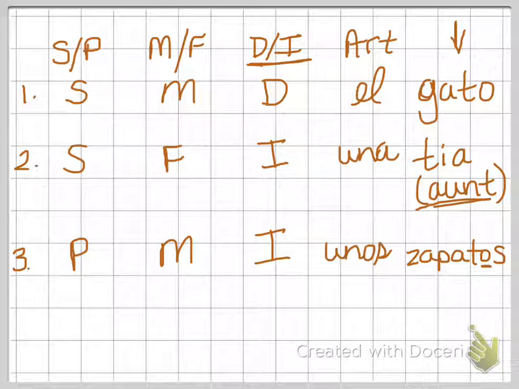Unos zapatos. Alright, so you'll be copying the articles, everything from the section where it says indefinite and definite articles all the way down to where it says you will only be tested on the masculine and feminine.